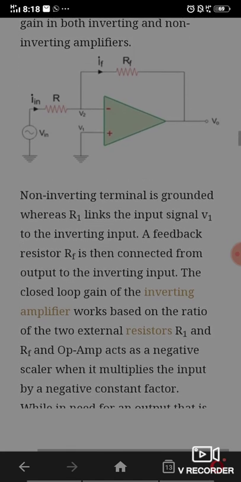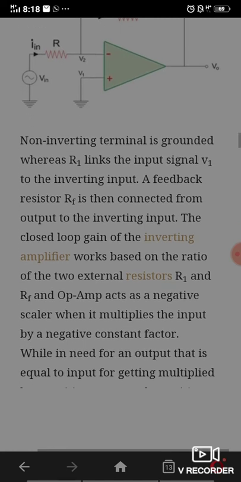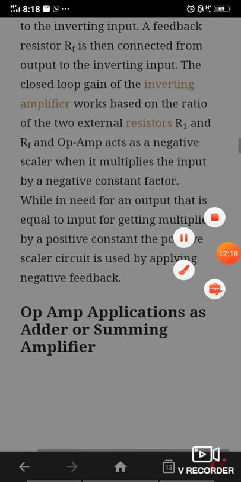The closed loop gain of the inverting amplifier depends on the ratio of two external resistors R1 and Rf, and the op-amp acts as a negative scalar when it multiplies the input by a negative constant factor, while in need of an output that is equal to input for getting multiplied. Scalar circuit.